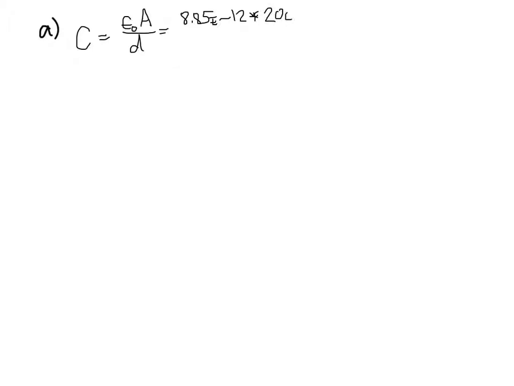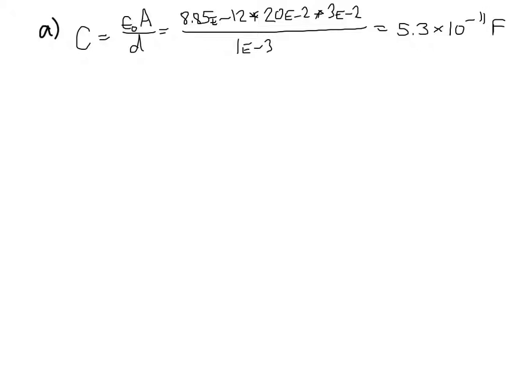So 20 times 10 to the negative 2 by 30 times 10 to the negative 2, divided by the distance between the plates, which is 1 millimeter, or 1 times 10 to the negative 3. And that is equal to 5.3 times 10 to the negative 11 farads.